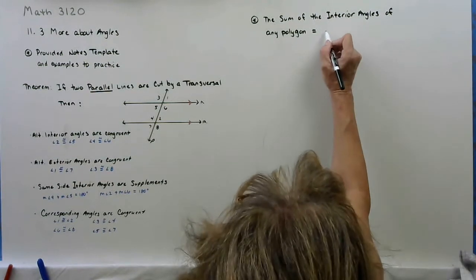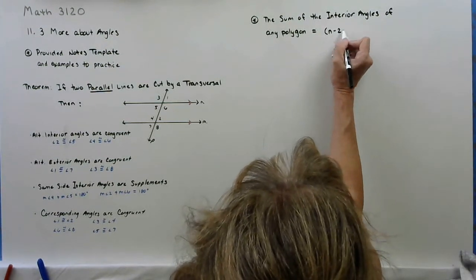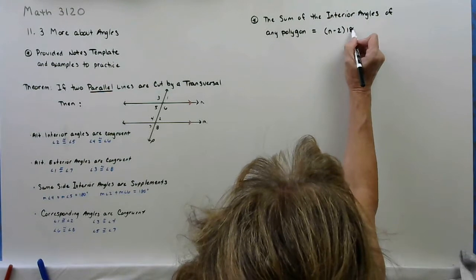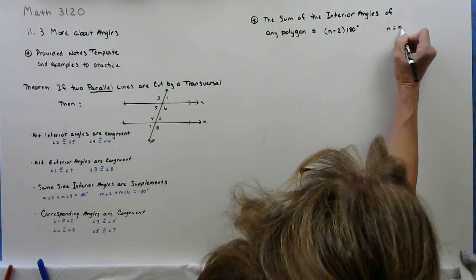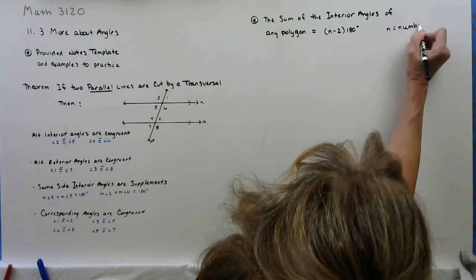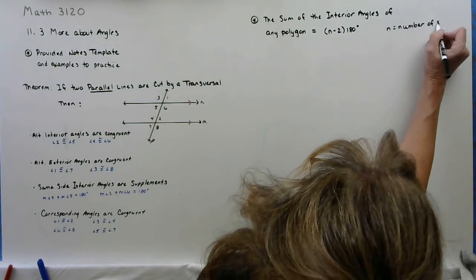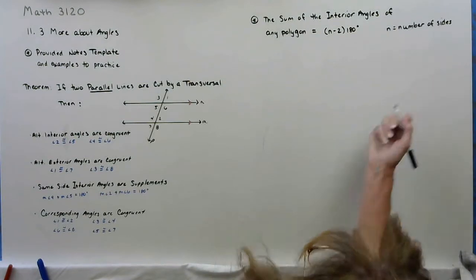And once we did that, we found that this was always the number of sides minus 2 times 180 degrees, where n is the number of sides, or the number of angles.